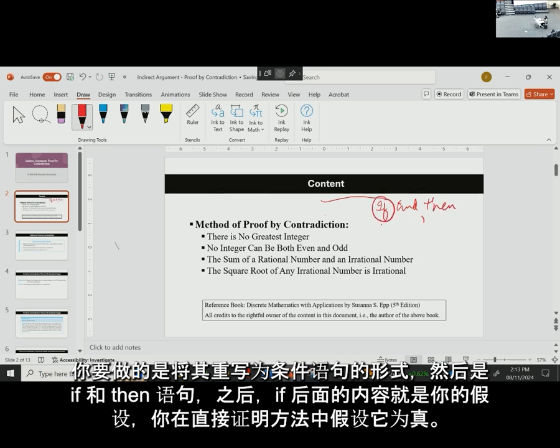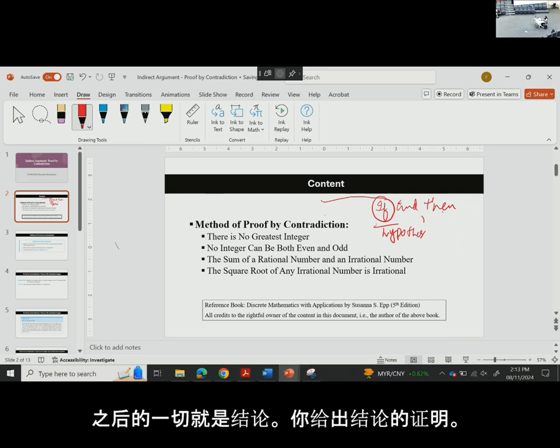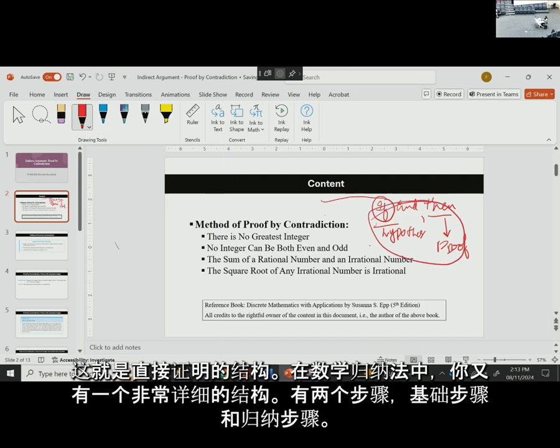Whatever is after the if, that is your hypothesis, you assume it to be true in your direct proof method. And whatever is after then, that is the conclusion, you show the proof for that conclusion. So that is the structure of direct proof.